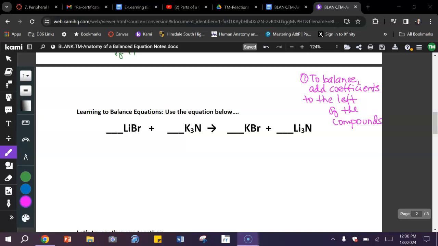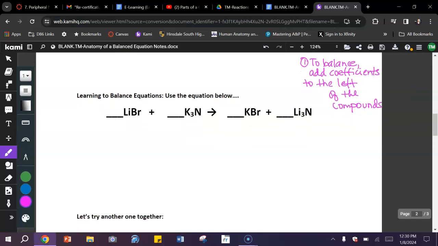But before we just start adding coefficients willy-nilly, we kind of have to get a feel for how many atoms of each element we actually have in our chemical equation to start with. So what we're going to do is create what I call the grocery list. So that's going to be the second thing that we need to do.